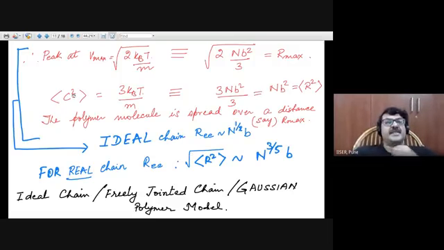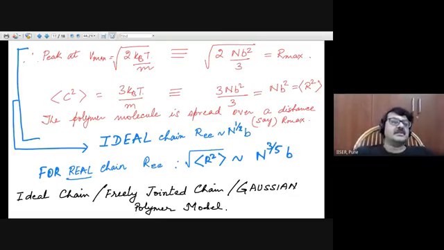If you remember your kinetic theory of gases, the peak of the distribution was at 2 kbt by m. Correspondingly, the value of end-to-end distance for which this distribution will be maximum will be 2 nb square by 3.